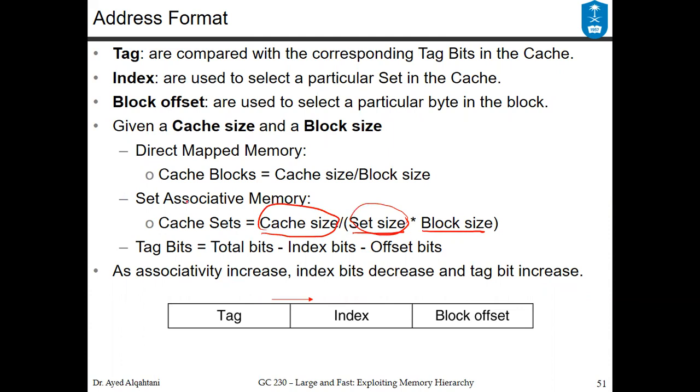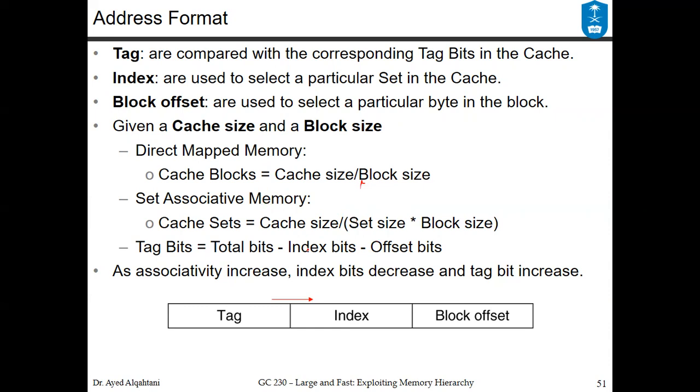So if it's two-way set associative, then the set size is going to be equal to 2, which means that every set has 2 locations. So you can see the difference here. You divide by the block size if you are a direct map cache, and here you divide by the set size times the block size.